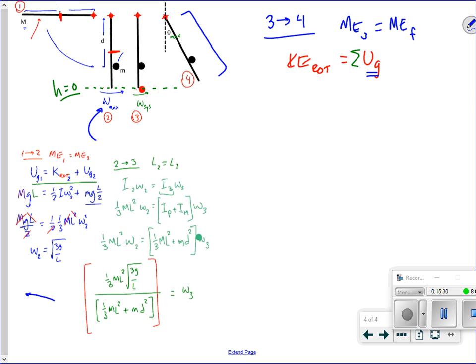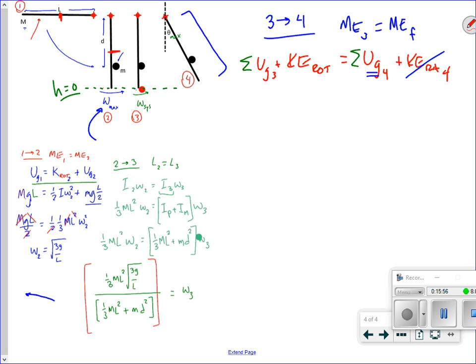All right, and so what we're really saying is there's a net GPE at instant 4, and there's a net GPE at instant 3, and KE rotational at instant 4 is 0.